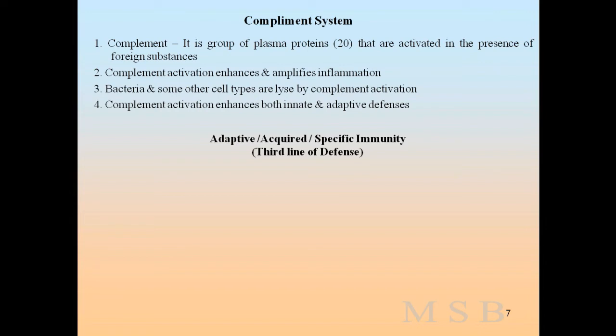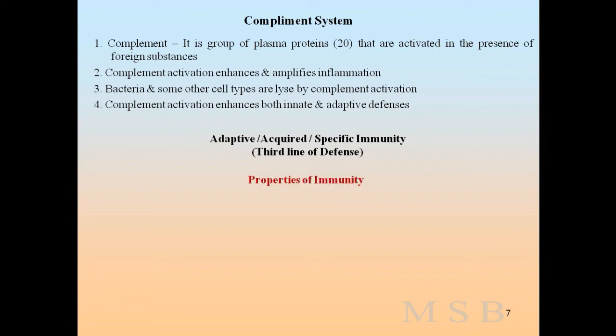It is not present since birth and it is acquired after birth. That's why it is called acquired immunity. It adapts according to the types of threats that we are exposed to. That's why it is called adaptive immunity. It is highly specific in action. Due to that, it is also called specific immunity.